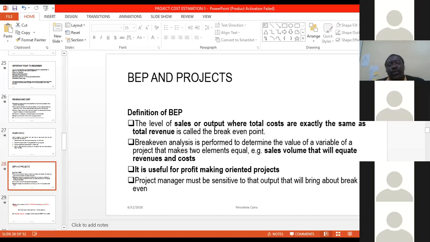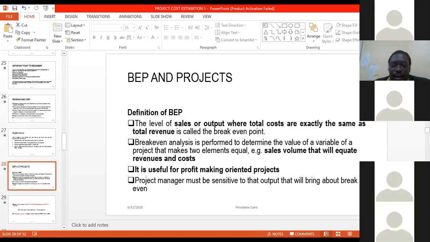You need to know the zone where you will start making profit, and the zone where, if you go below it, you will start getting losses. So break-even analysis is performed to determine the value of a variable of a project that makes two elements equal.